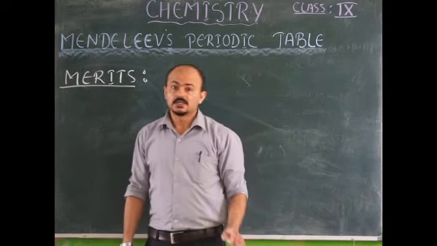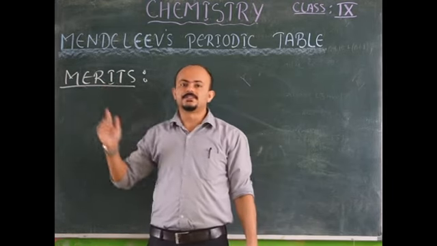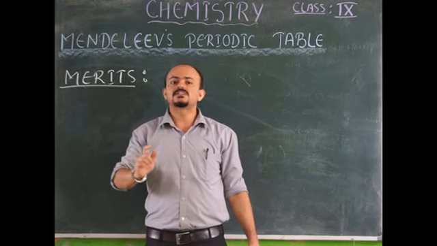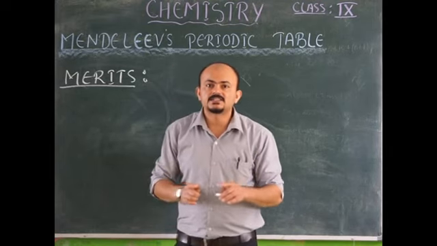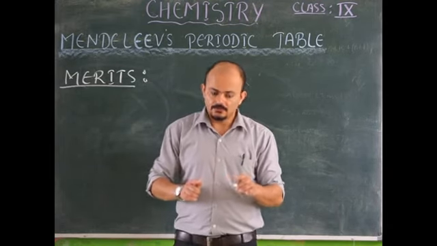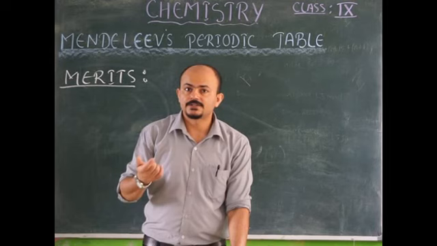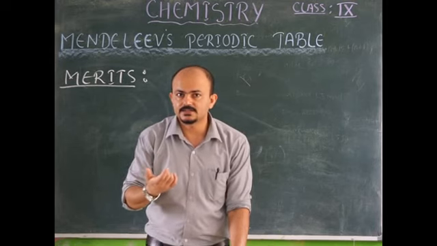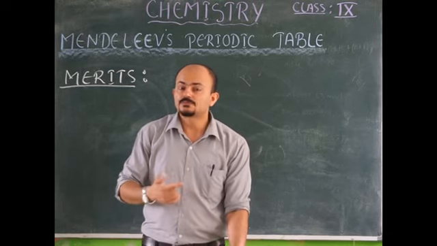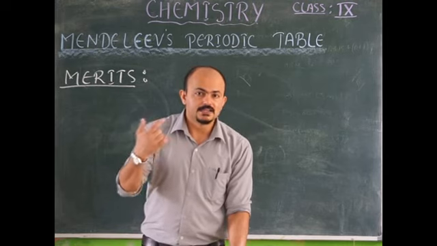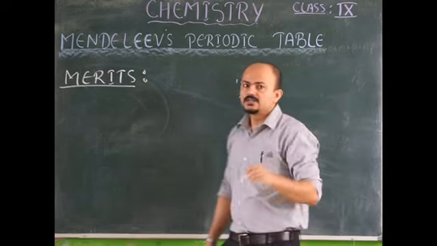Now, the second merit of Mendeleev is that for the elements which were not discovered at his time, he left vacant spaces, some gaps, for these undiscovered elements. Not only that, he also predicted their properties. Suppose there is an element X which was not discovered during his time.